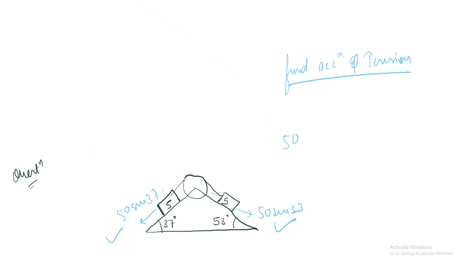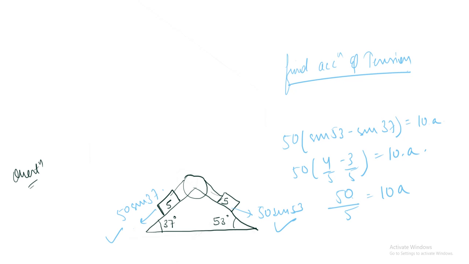So 50 sine 53 minus sine 37 is equal to 10 into A. 50 into 4 by 5 minus 3 by 5 is equal to 10 into A. 50 by 5 is 10A. So acceleration is 1 meter per second square.